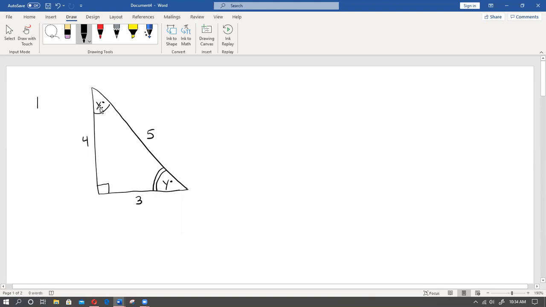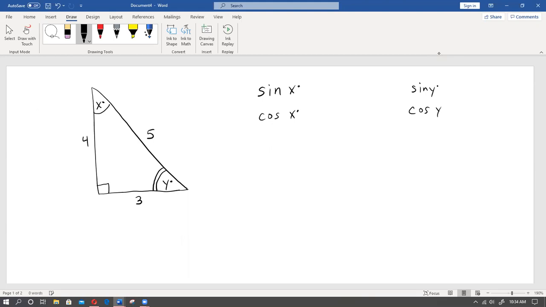One angle I labeled X, and the other angle I labeled Y. Okay, so let's do the sine of X, the cosine of X, the sine of Y, and the cosine of Y.